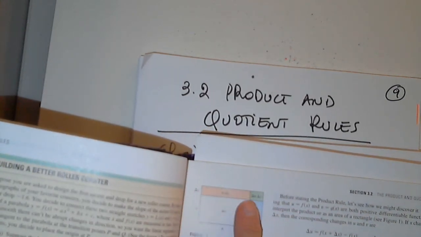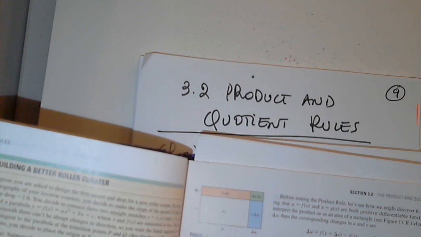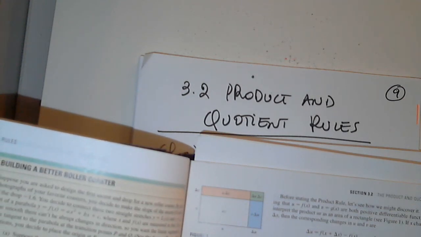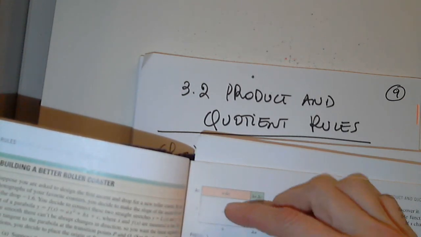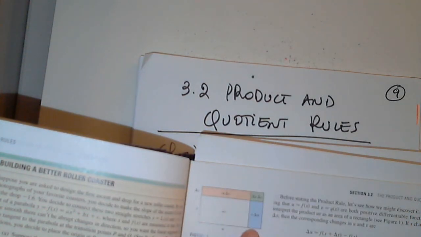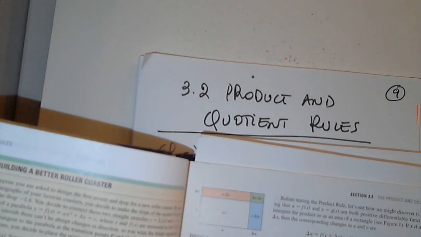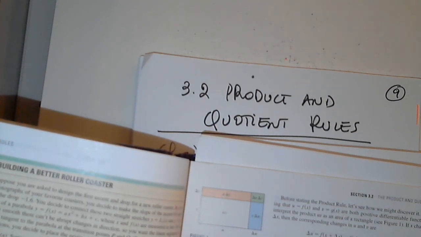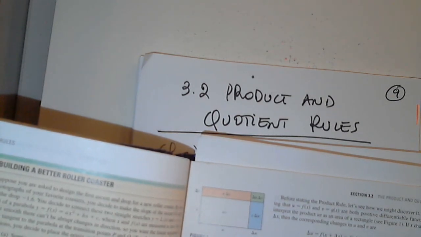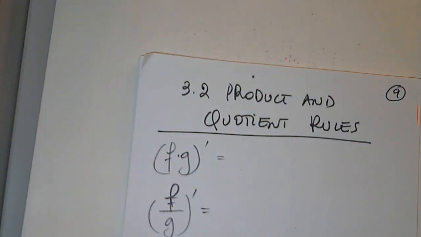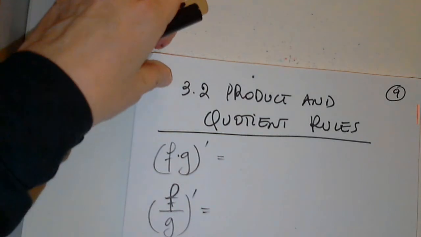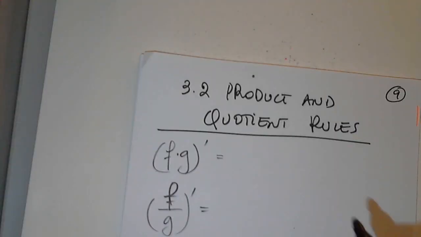If you can read it here, geometrically it's very easy to show that if you increase the width and increase the length, it's very easy from here to see how we get to differentiating the product. And the same thing for the ratio, very similar. So if you'd like to look at it, just look at it. It's on page 185. But for now, I'm just going to give you a direct result.